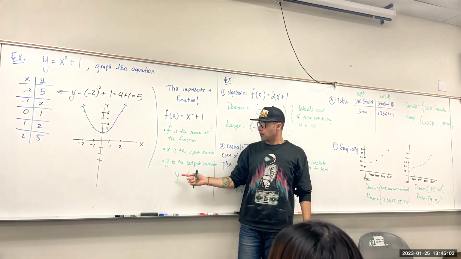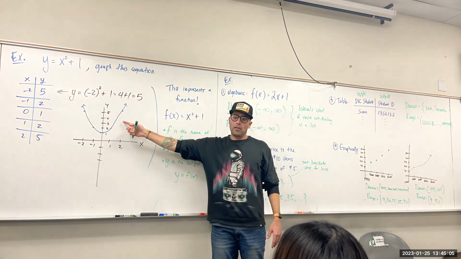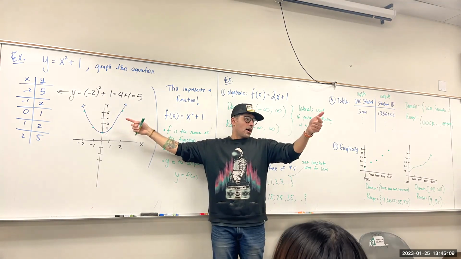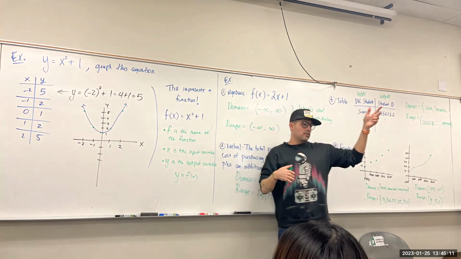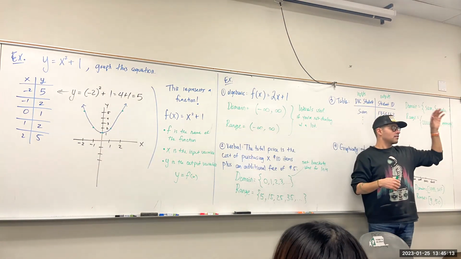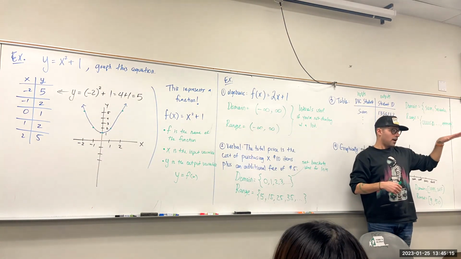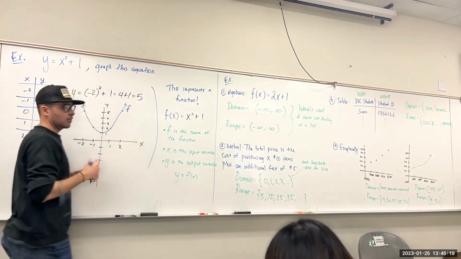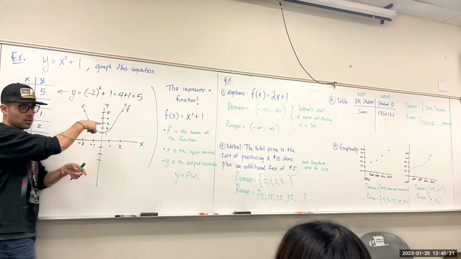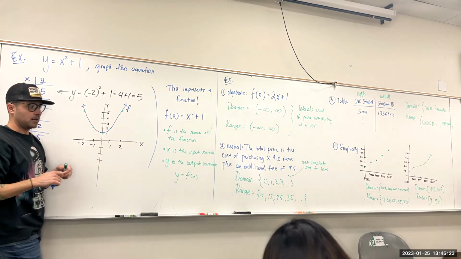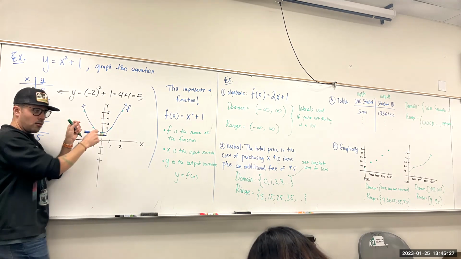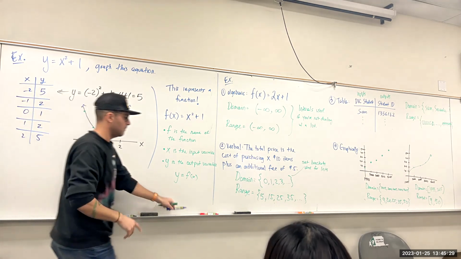If on the homework you're being asked to label the parabola, do I label it with the letter F, Y, or X? Which letter represents the name of the function? F. So that's why they'll write the letter F next to the graph so that you understand that's the function that you're talking about. Okay. It's all things you've probably seen, but I want you to know the purpose of it.